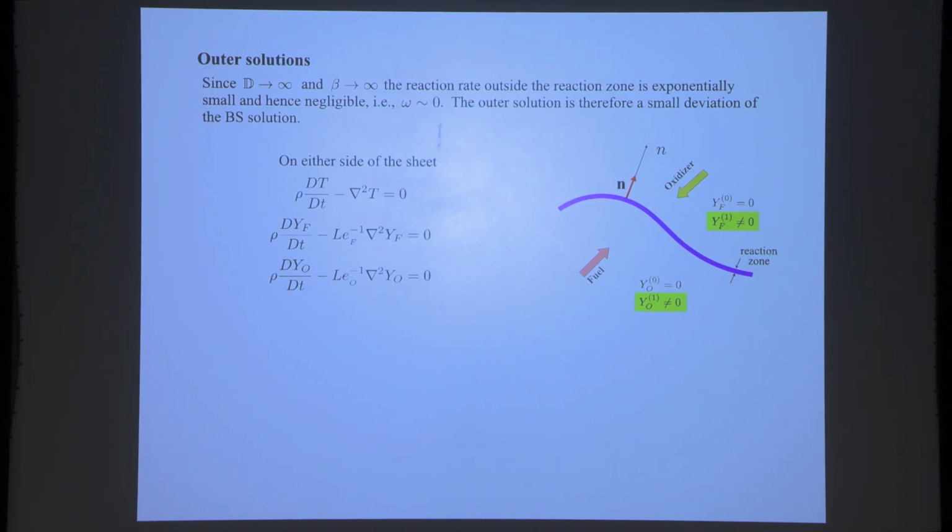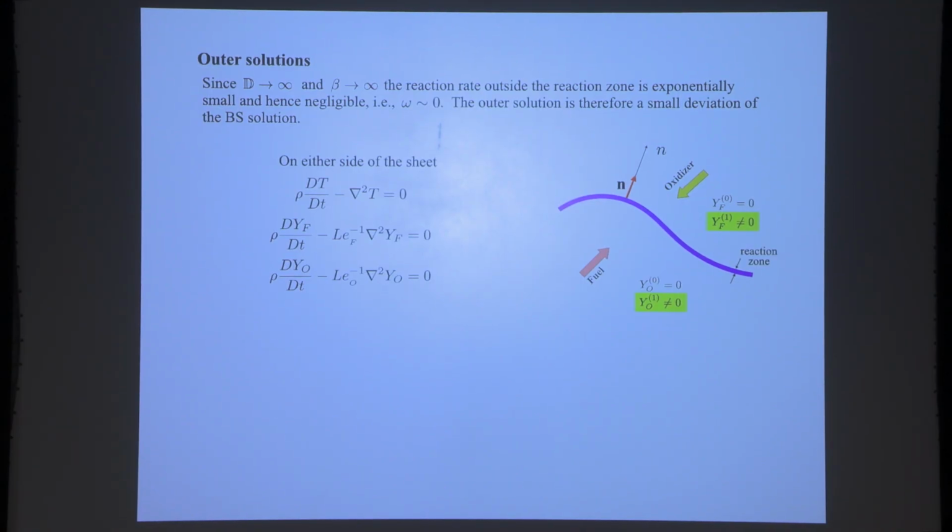Now the process is similar to before, but because now we are allowing for those two parameters, we are also going to allow for, in the fuel region, no oxidizer to leading order, but there may be a little bit of oxidizer. In other words, there may be some oxidizer leaking through the reaction zone if what is occurring there is not complete combustion.